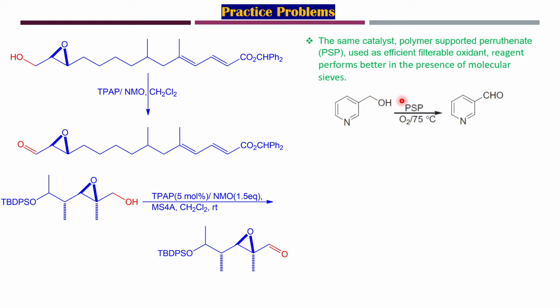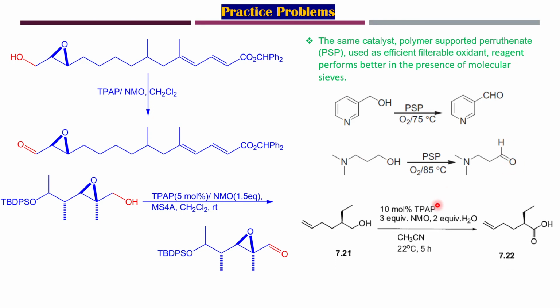This is the PSP, which is absorbing the ruthenium salt, and we can have this type of oxidation to create the aldehyde group. Again, another oxidation of the alcohol, but no generation of N-oxides here, and the alcohol is getting converted to aldehyde. Again, the double bond is not affected, and we can see the OH group is getting converted.